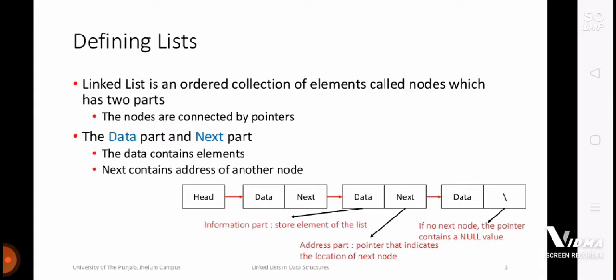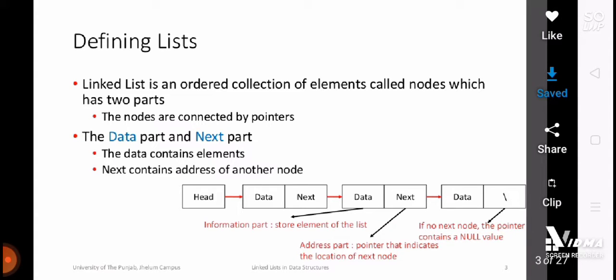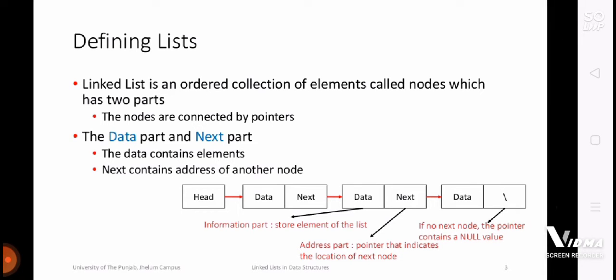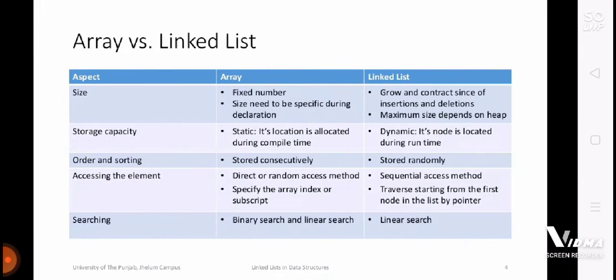Okay, the last node in the list will contain null in its next field, as the node is last, so its link field will contain no address, so it is null. So this is the basic structure of the list, right?